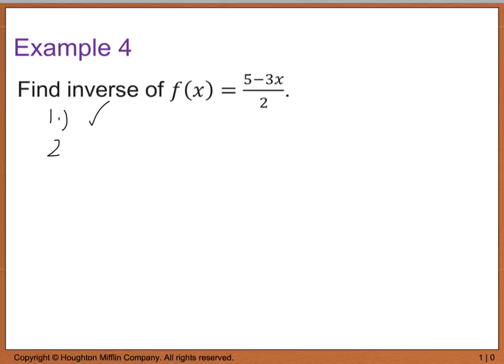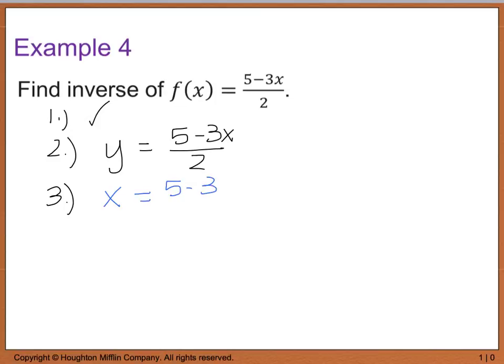Now step 2 says to replace f of x with y. So now I have y equals (5 minus 3x) divided by 2. Step 3 says to interchange x and y. So this now gives me x equals (5 minus 3y) divided by 2. And now I have to solve for y again.